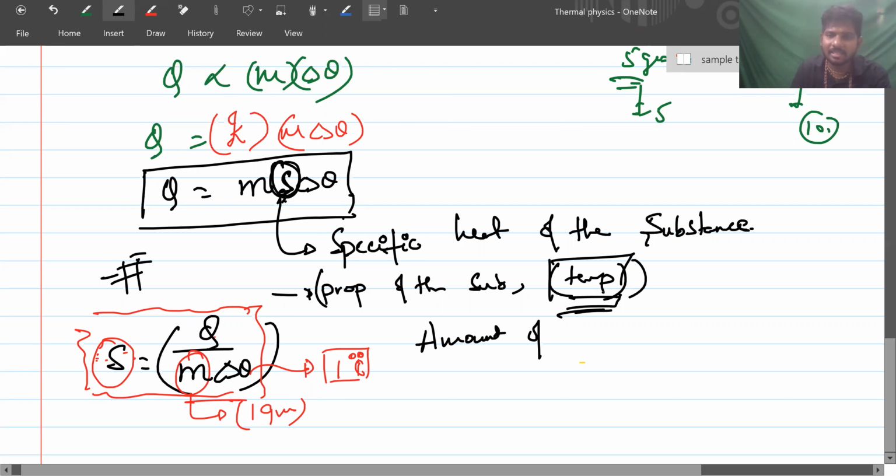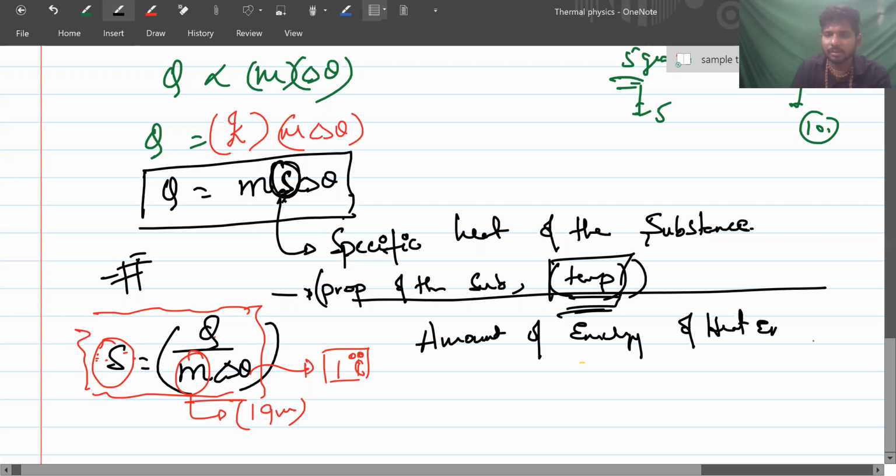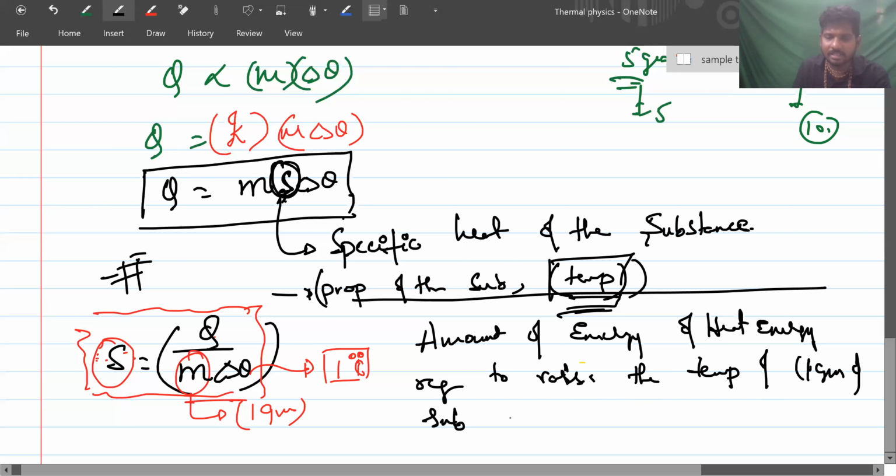Specific heat is defined as the amount of energy, or the amount of heat energy, required to raise the temperature of 1 gram of substance by 1 degree is called specific heat.